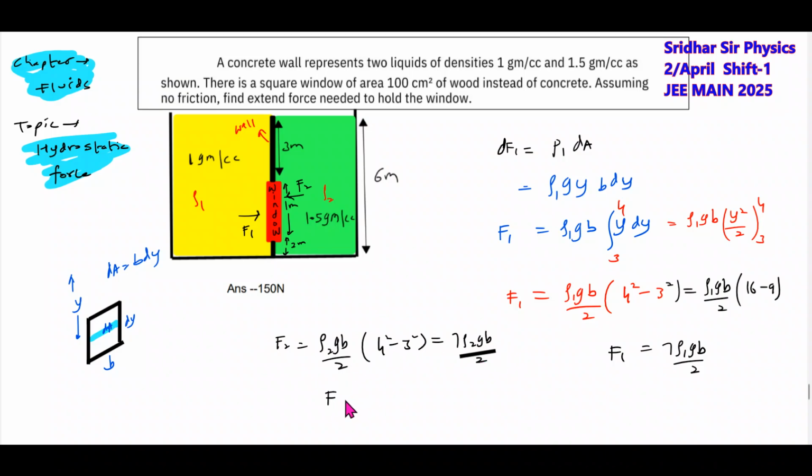The difference of these forces matters, and rho 2 will be greater than rho 1. So the net force needed will be F2 minus F1, which is 7 rho 2 g B by 2 minus 7 rho 1 g B by 2. 7 g B by 2 will be outside, times (rho 2 minus rho 1).